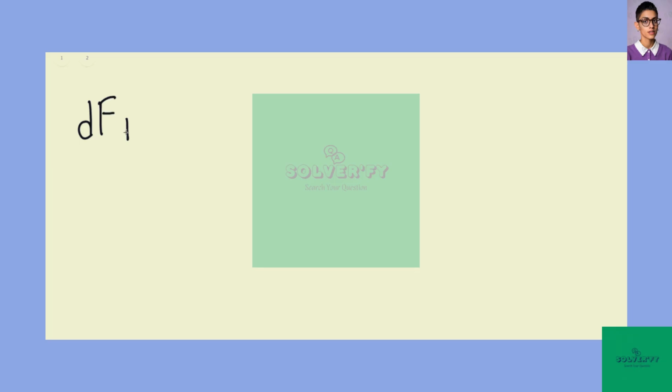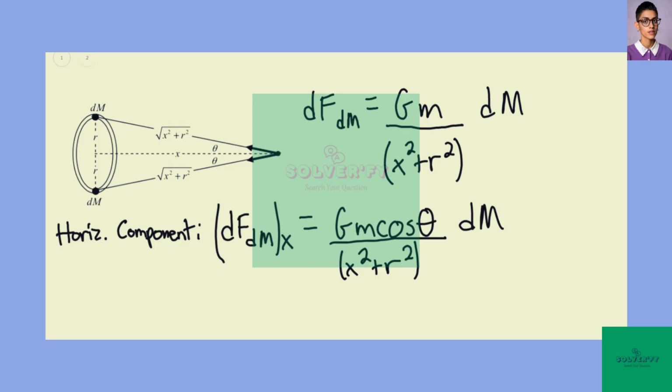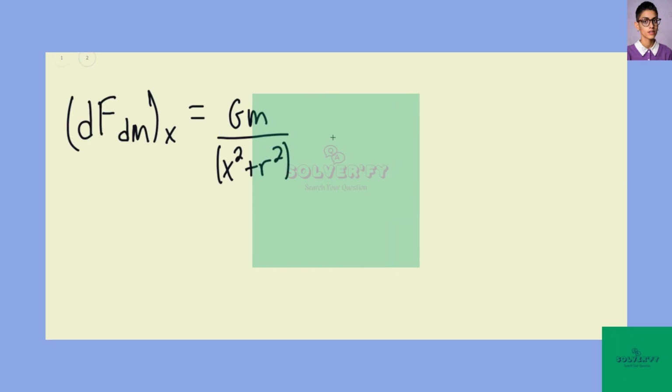dF over dm sub x is going to equal the gravitational constant times the mass divided by x squared plus r squared, and then according to the diagram, we can say cosine of theta is going to be equal to x divided by the square root of x squared plus r squared.